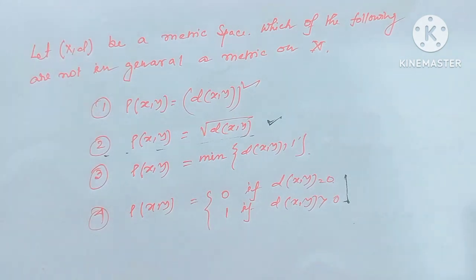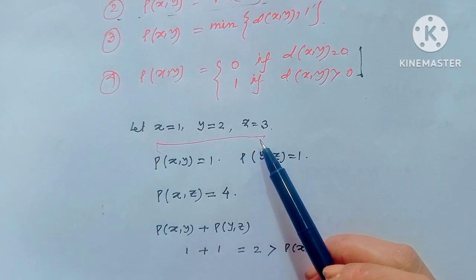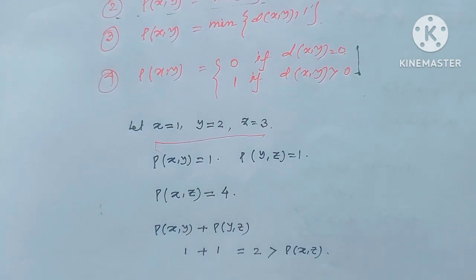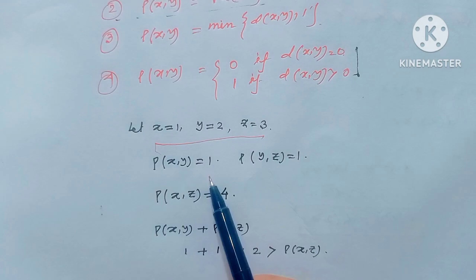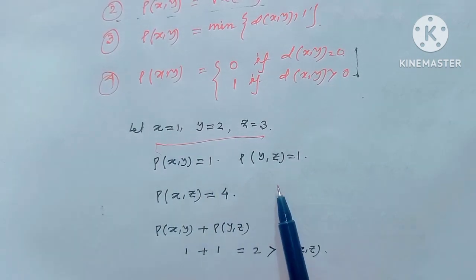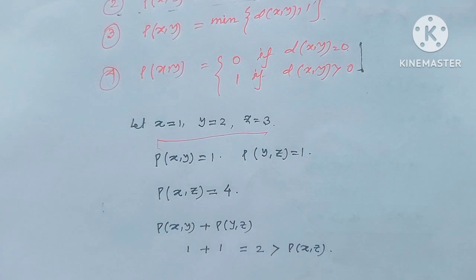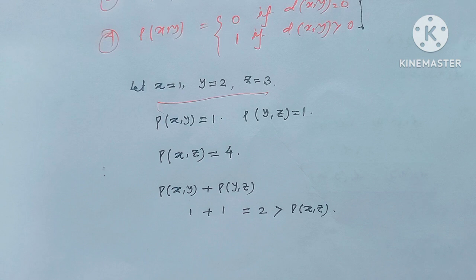For the triangle inequality, consider one particular example. Let x equal to 1, y equal to 2 and z equal to 3. Then obviously rho of xy equal to 1, rho of yz equal to 1 and rho of xz equal to 4. Then rho of xy plus rho of yz is what? 1 plus 1 equal to 2.